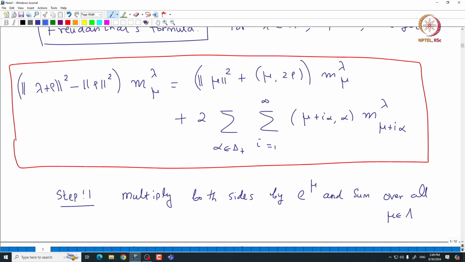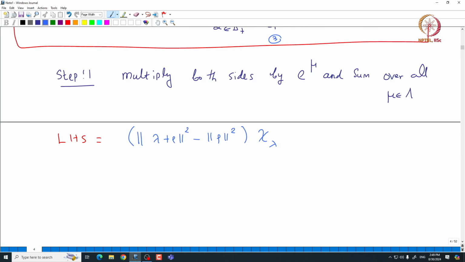So, what is there on the right side? Let us label the terms as 1, 2 and 3. Then it is clear what 1 becomes. So, 1 is going to be the summation of norm mu squared times the multiplicity of mu in V lambda times e power mu, where mu runs over capital Lambda.